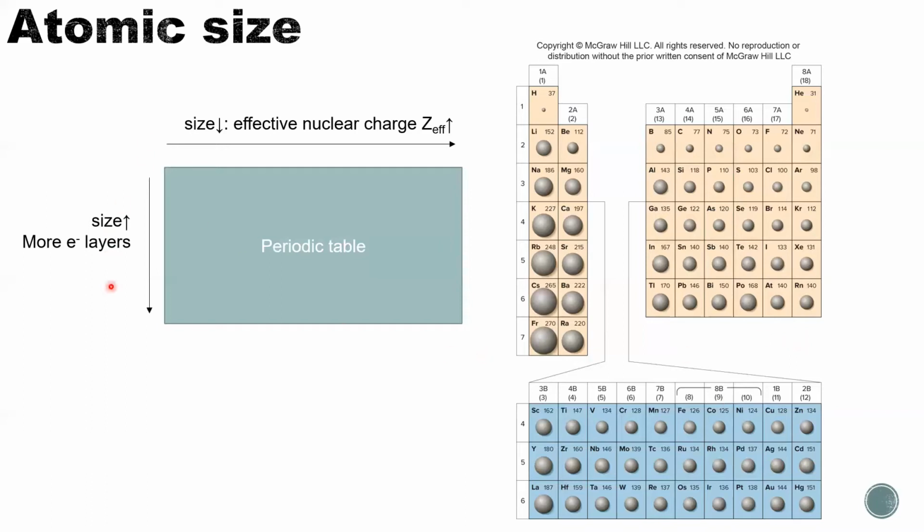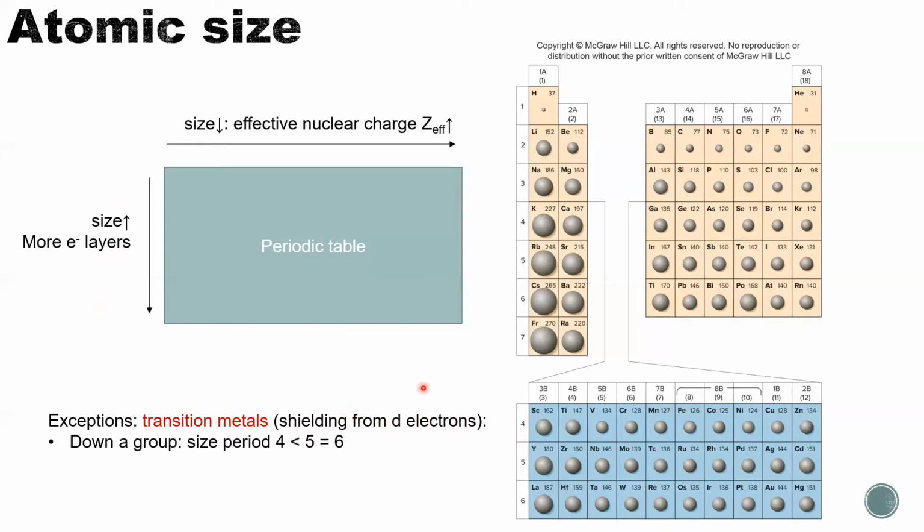For atomic size, the exceptions are in the transition metals, because of the shielding of d orbitals, or d electrons. Going down a group, the size of the transition metals in period 4 is less than period 5, which is according to the rule.